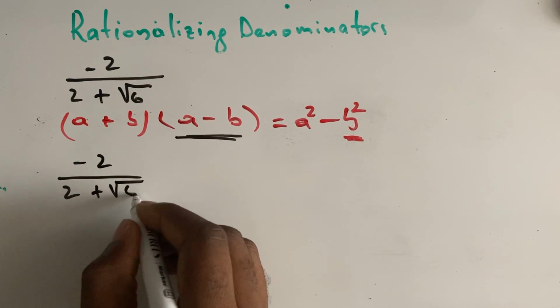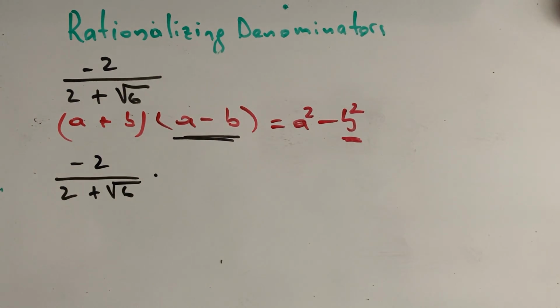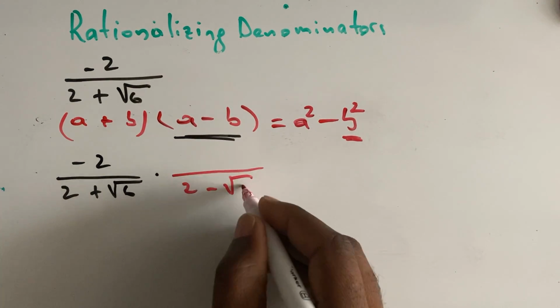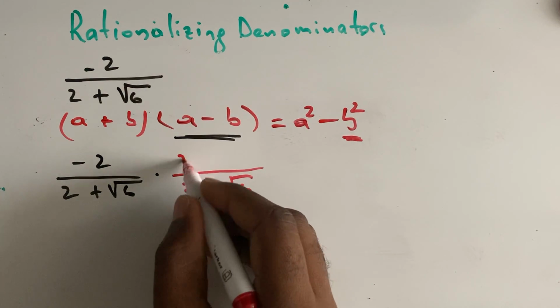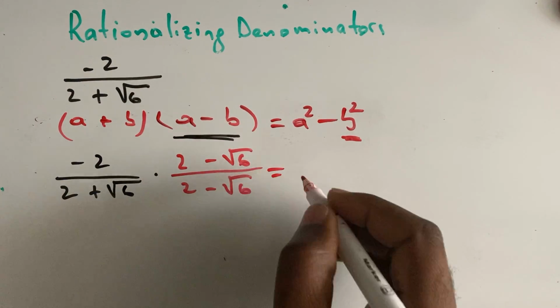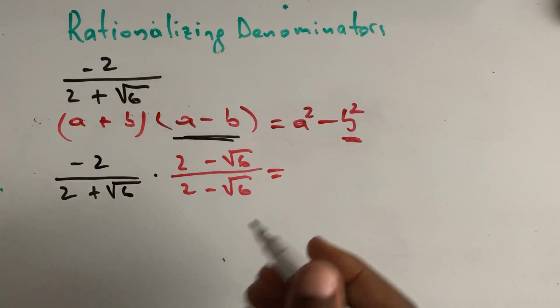So you go square root of 6. Now, I'm going to multiply, as I said, by 2 minus square root of 6. And on top here, I'll do 2 minus square root of 6, the same way. Then this thing here will be on the bottom.